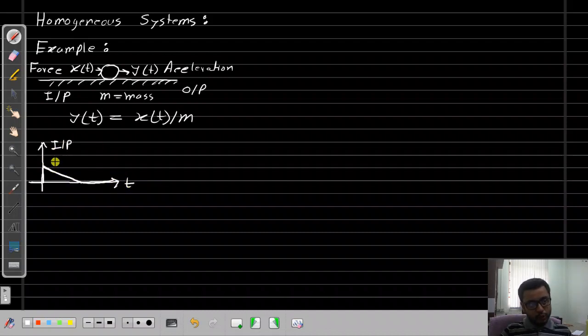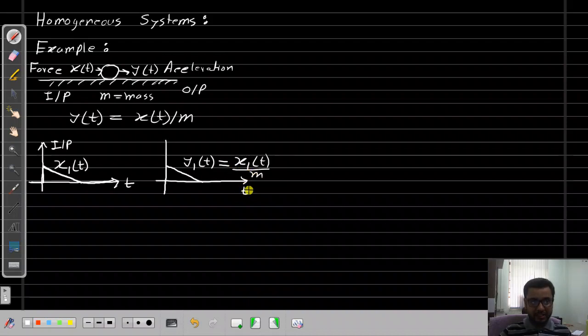Call this particular pattern x1 of t, some function of time. Then the output as a function of time will also look like this. Call this pattern y1 of t. That will be the same as x1, the force, divided by the mass. This is output.